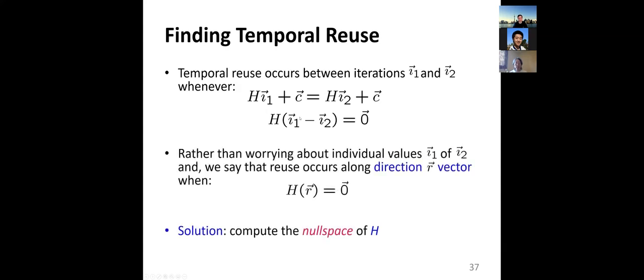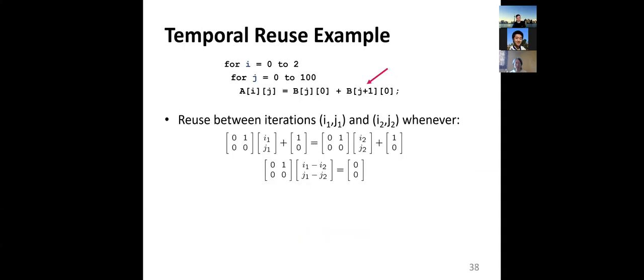So essentially, rather than worrying about individual values of i1 and i2, I can just find the reuse direction vector. Direction vector is essentially i1 minus i2, and we need to find the null spaces of the matrices. So if we can find the null space of H, we essentially mathematically find all the reuses. And when we know the reuse, we can come up with an iteration space that can help us actually benefit from that reuse. So let's look at this example.